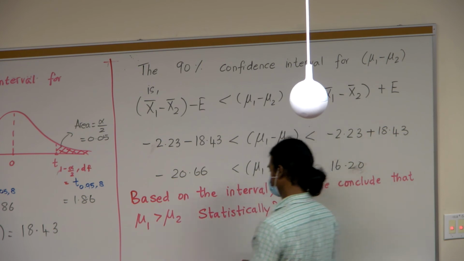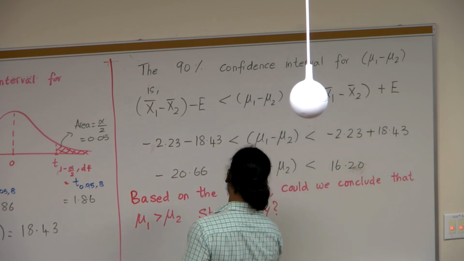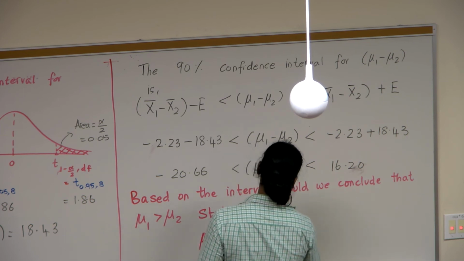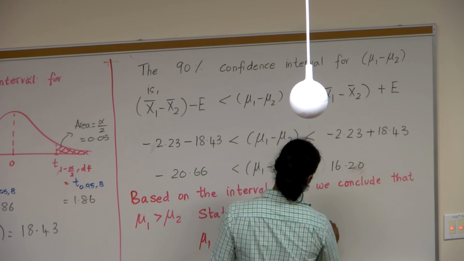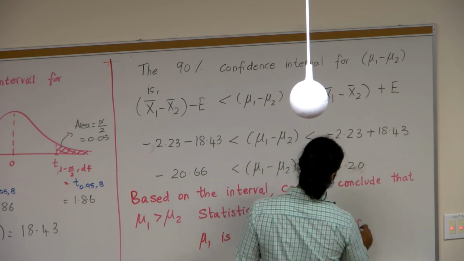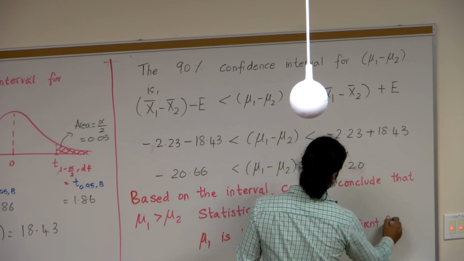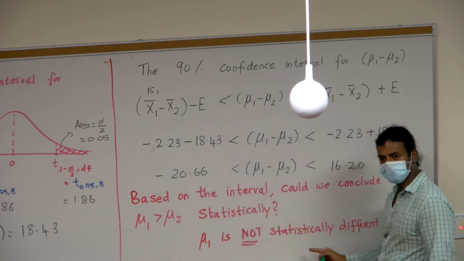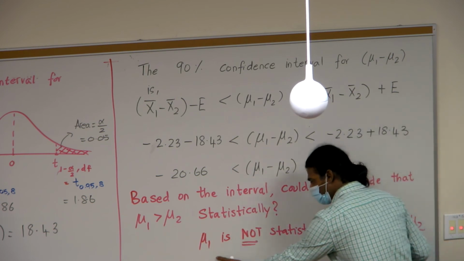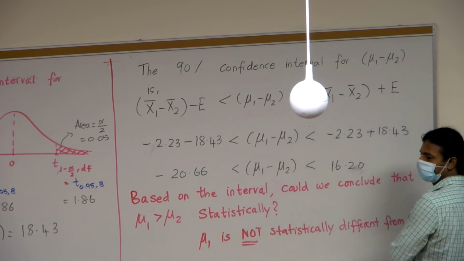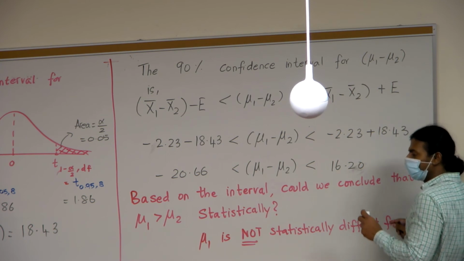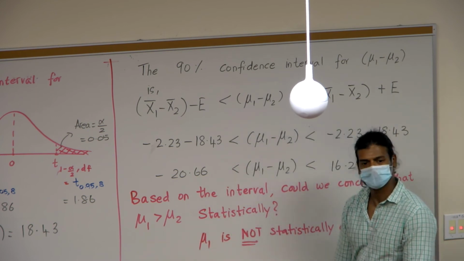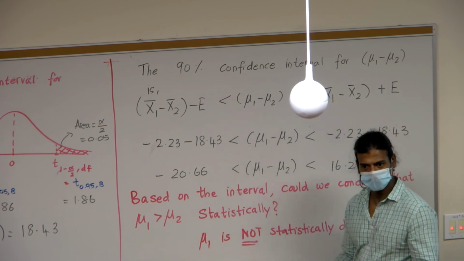So from a statistical standpoint, mu1 is not statistically different from mu2. If mu1 is not statistically different from mu2, is it logical or reasonable to conclude that mu1 is greater than mu2? No. Do you follow?